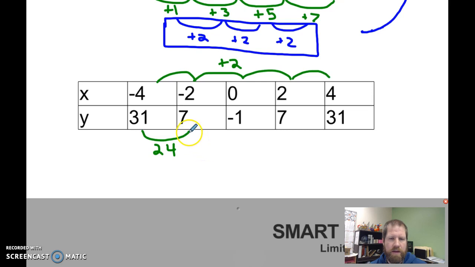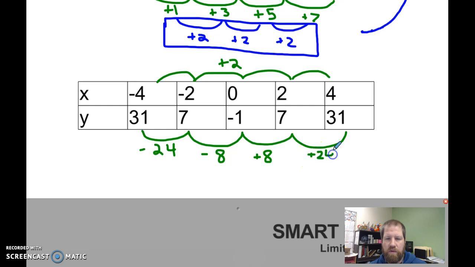Okay. And then 7 down to -1. That is a decrease of 8. Okay, and then -1 up to 7. That's an increase of 8. And then 7 up to 31. That is an increase of 24.